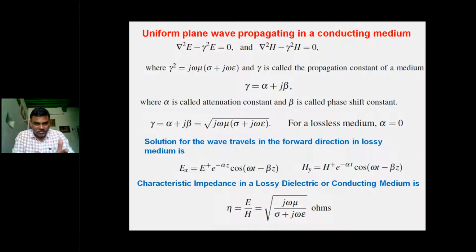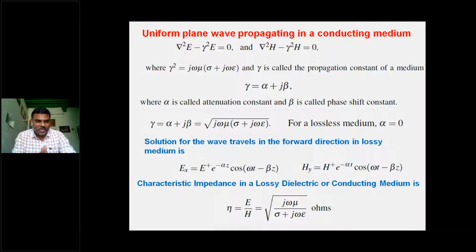So whatever that gamma is simply equal to, for lossless media, just substitute sigma value 0, then j omega root mu epsilon, and so there is no real part. That means alpha value is 0. Since for lossless media the conductivity sigma is 0, within the propagation constant, alpha value will be 0. That means the real part is 0.